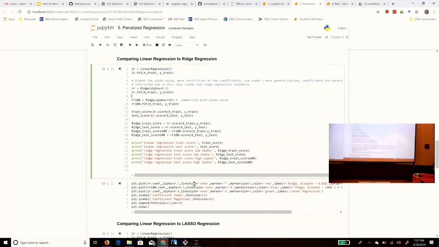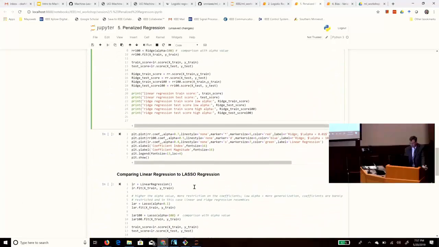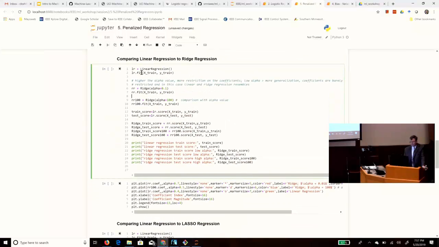All right, now here's a little chunk of code. We've got our linear regression, and we did this before, so this should look similar to what you're expecting. And then we do a fit of the training and test. Now, great thing, if I want to do ridge regression, I just call ridge regression. I don't have to do all the math for you guys.